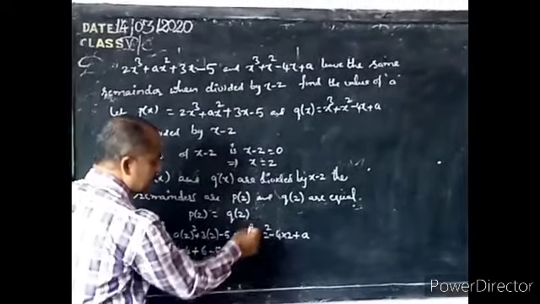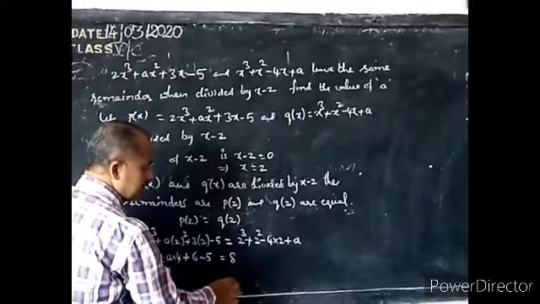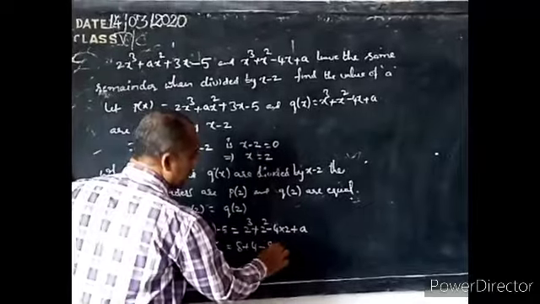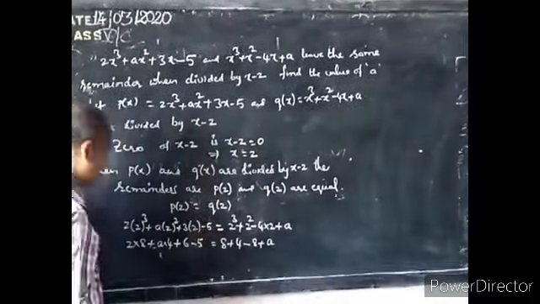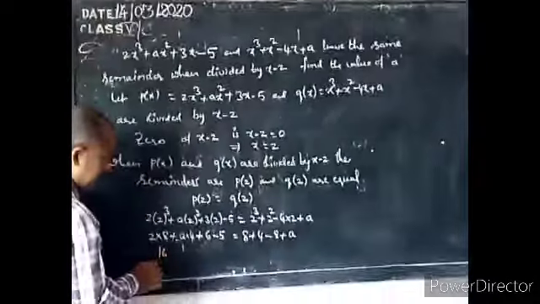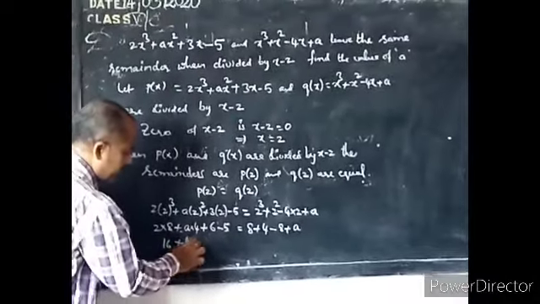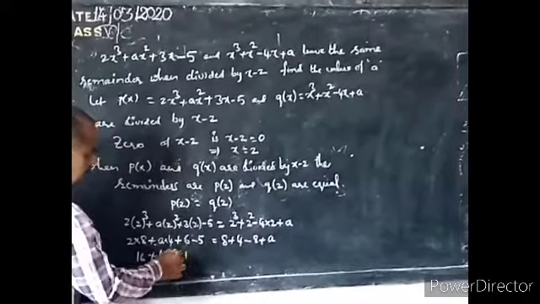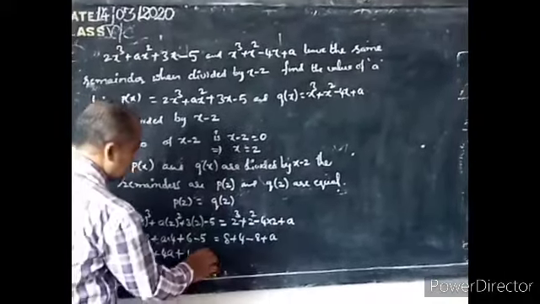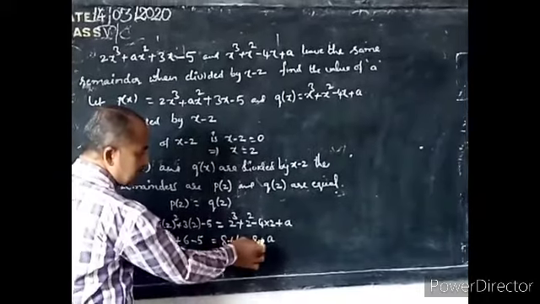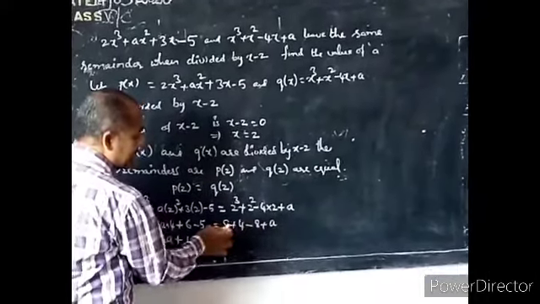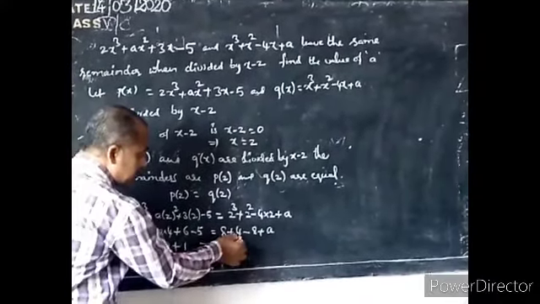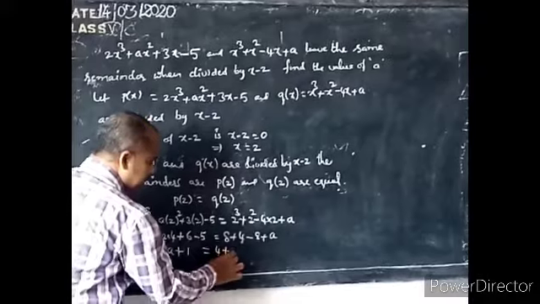That is equal to 2 cube, which I just said is 8, plus 2 square 4, minus 4 into 2, 8, plus a. Now 2 8s are 16 plus 4 into a, 4a, plus 6 minus 5, which is 1. Now 8 plus 8, minus 8, the value becomes 0. So it remains 4, 4 plus 8.